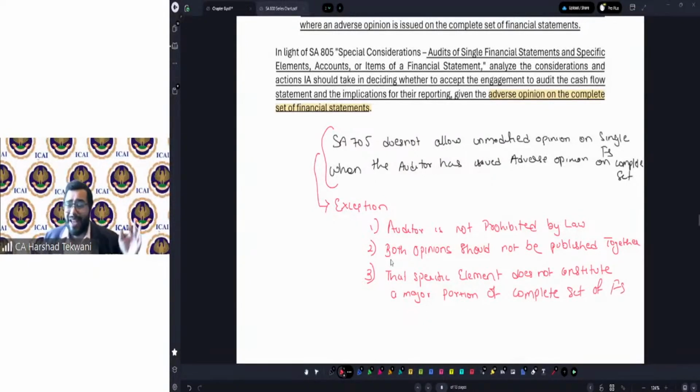If you can satisfy these three conditions, you will get an exception to issue a different opinion compared to what you have issued on the complete set. So you can issue an adverse opinion on the complete set and an unmodified opinion on the single FS. Clear? So usually SA 705 doesn't allow different opinions. But if you have this exception, if you are falling in these categories, yes, you can issue.